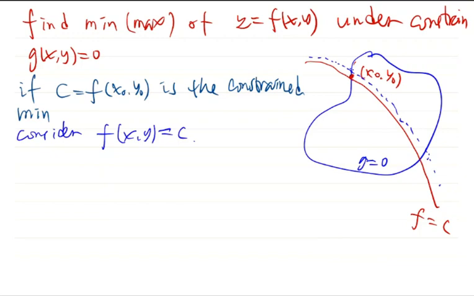So this c could not be the constraint minimizer.